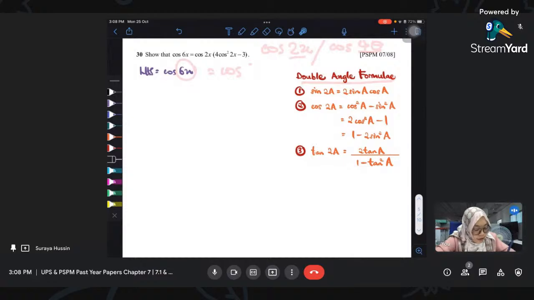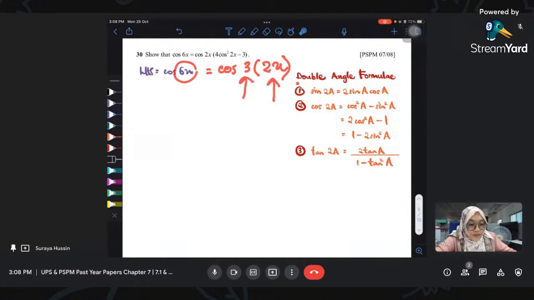But if you see this one, let's say you nak jadikan dia double angle lah. Thing is, let's say lah, this is just let's say, don't write it down. Can you do that? Have a think, guys. Can you apply double angle? Boleh ke tak boleh? Can you apply double angle here?